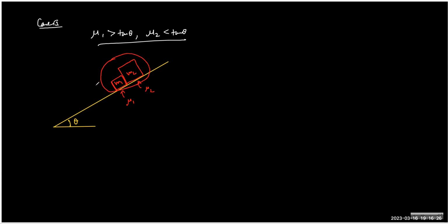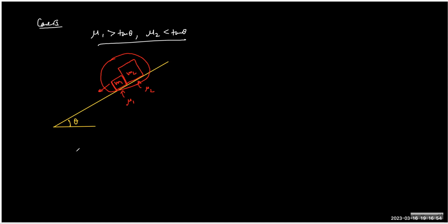The net force on the system due to gravity must exceed the net limiting force due to friction. Got the condition? When it comes to the system, we can just check the resultant force, not the internal force. So that will be taken care of by this kind of assumption as well.